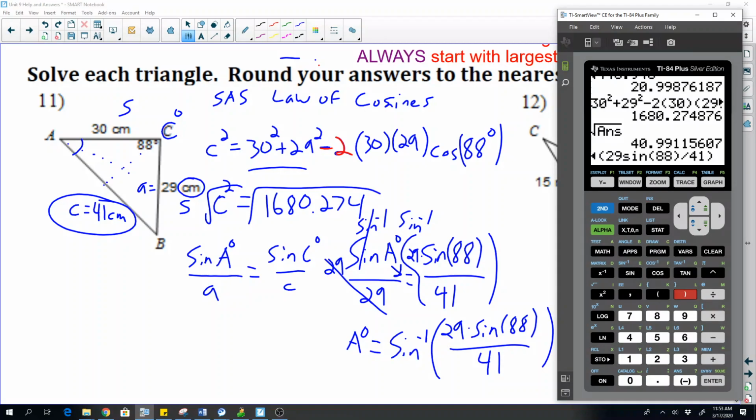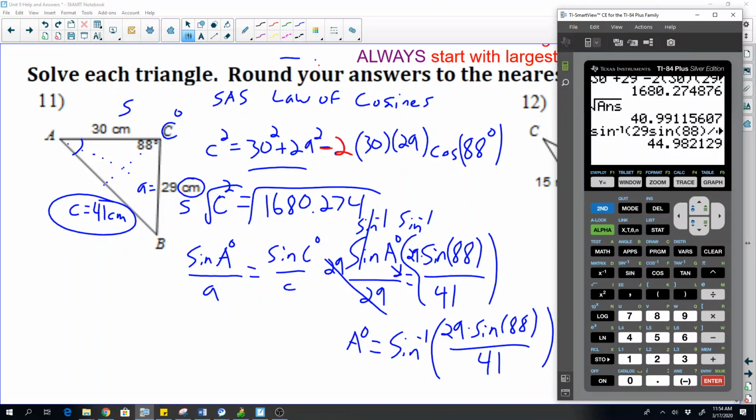So then again, we did inverse sine of 29 sine 88, close the parenthesis, divided by 41, close the parenthesis. And that does give us 44.98, which rounded to the nearest tenth is 45, right?